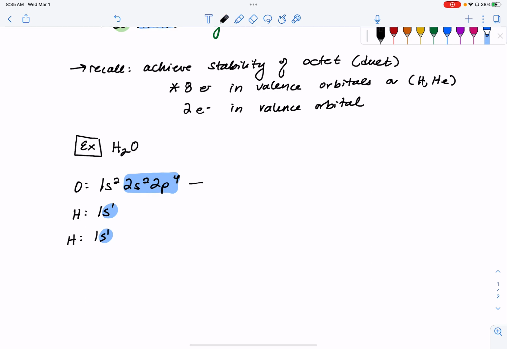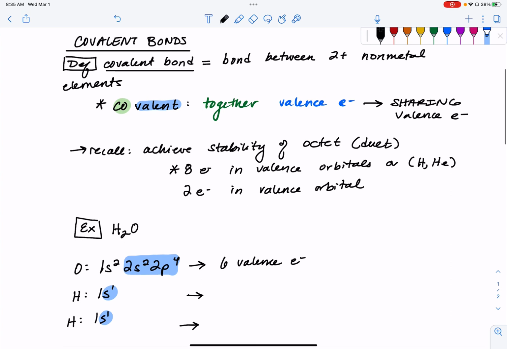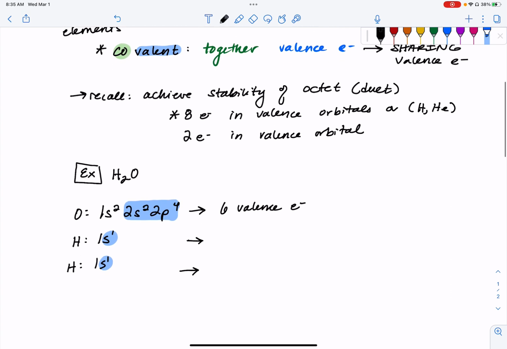So looking at the valence configuration for oxygen, we see that oxygen only has 6 valence electrons. This is why it tends to form that -2 anion so readily. It takes in 2 electrons, then it fills that octet. But we're not talking about becoming ions here. When we're talking about covalent compounds and covalent bonds, we're discussing these valence electrons being shared.